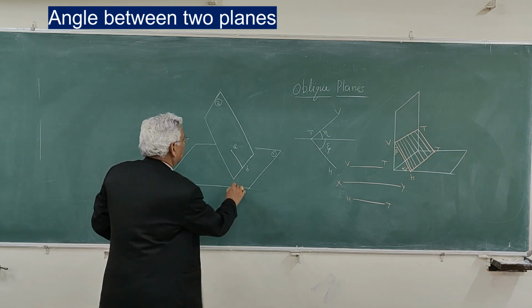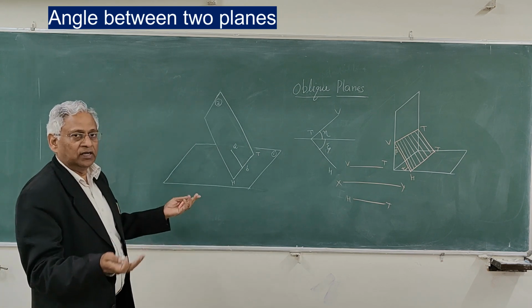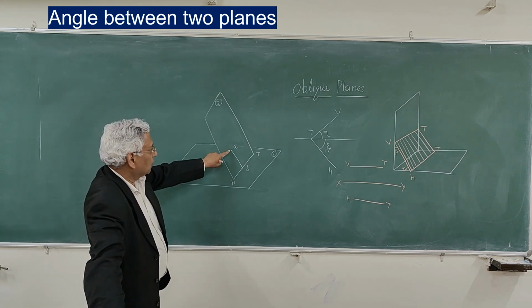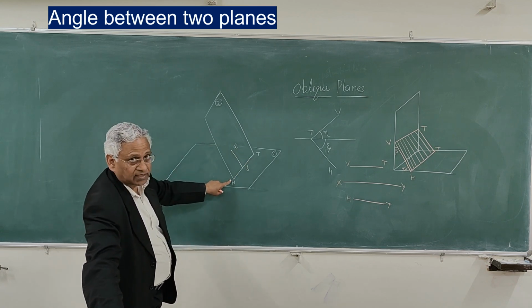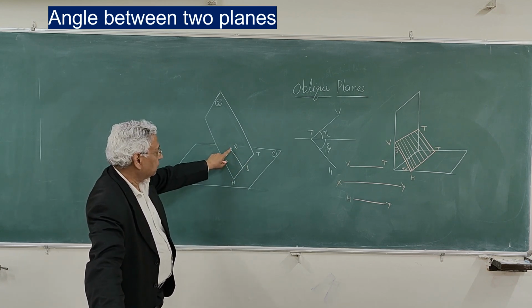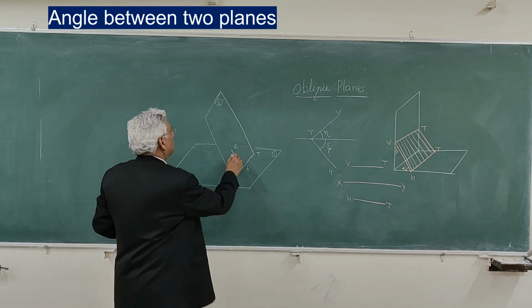Let me call it the horizontal trace, or you can call it XY. So I draw a line AB in plane number 2 which is perpendicular to the horizontal trace, and find out its projection on plane number 1.